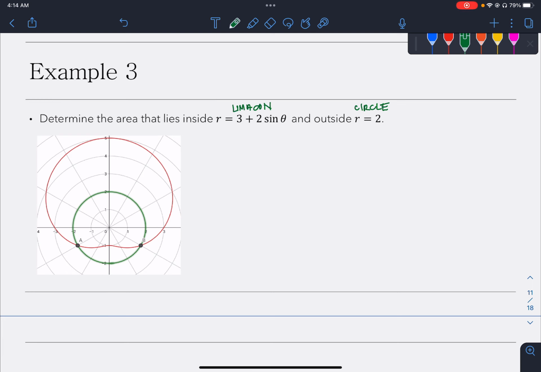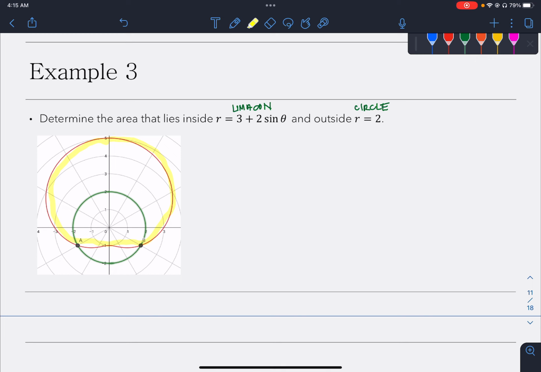It says here that we are going to determine the area that lies inside the limacon. So this is the entire limacon.